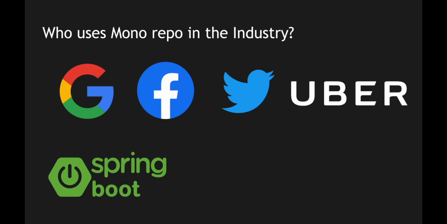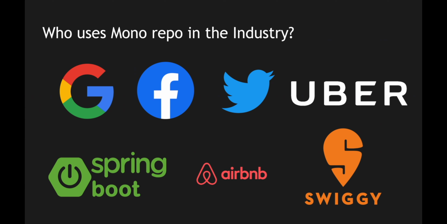However, there are projects like Spring Boot, Airbnb, and Swiggy, which we are going to see in this video. These all use project level monorepo. Project level monorepos are segregated as an individual product or specific area for which you have a monorepo where you have multiple sub projects which can be hosted in a single repository. For example, Spring Boot is a single repository which is a project, right?